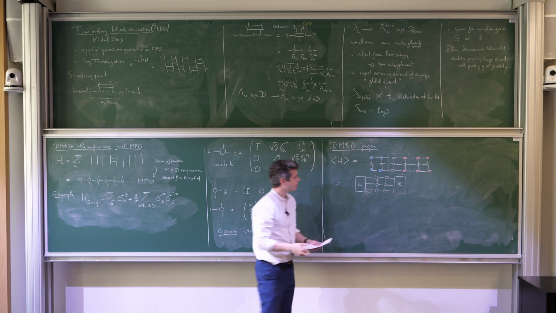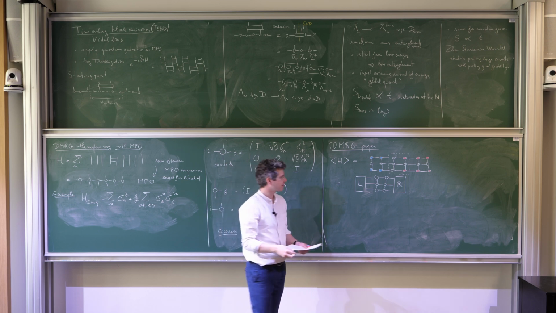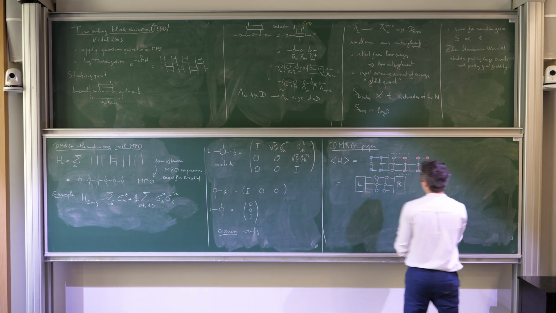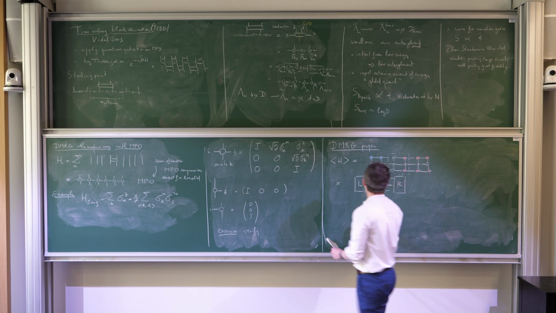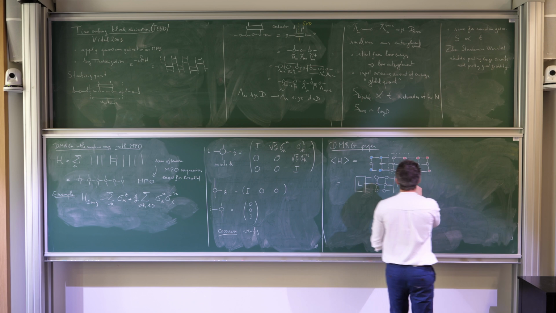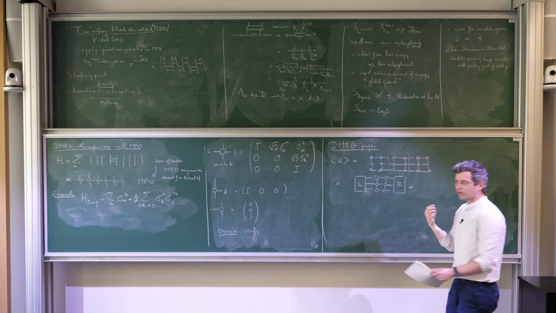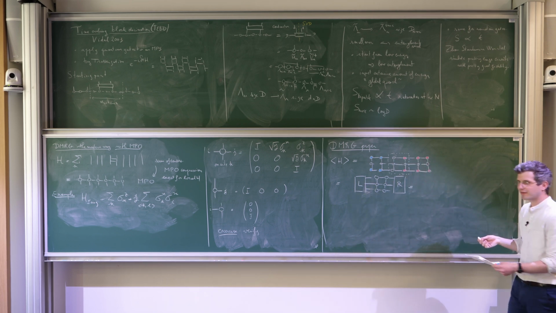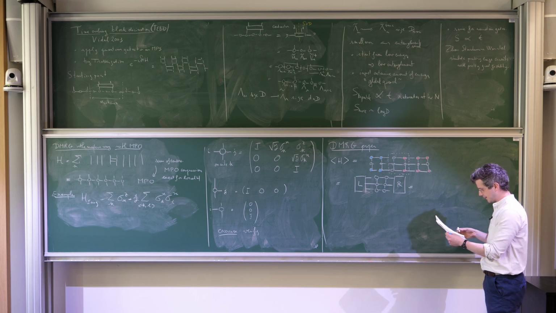Okay, so that's the first step. We contract the sides into left and right environments, which again is not expensive. When I say not expensive, I mean it costs something like d cubed, not exponential in the system size.